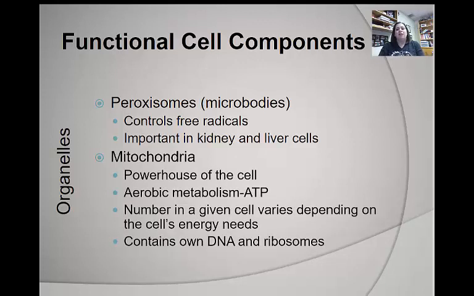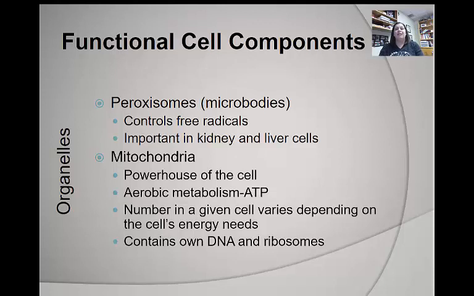We also see that you have the mitochondria. The mitochondria is the bean-shaped structure. It's the powerhouse of the cell. This is like your electric company. It's going to do aerobic metabolism, and if you recall, aerobic metabolism means that it uses oxygen. It's going to use oxygen to break down glucose to make ATP. Remember, ATP is adenosine triphosphate, which is our currency for energy in our cells.